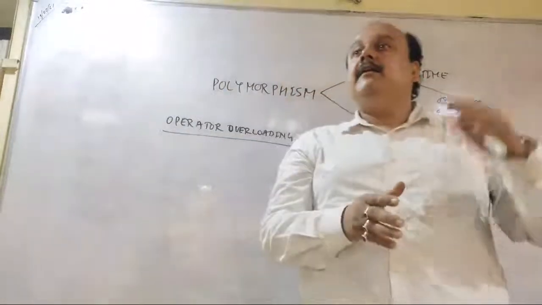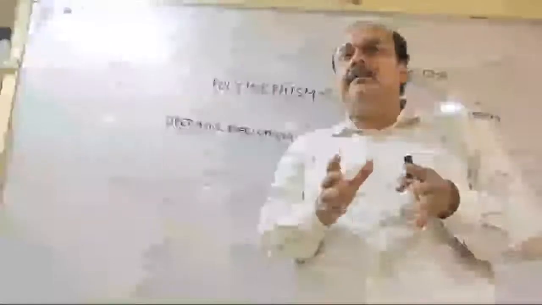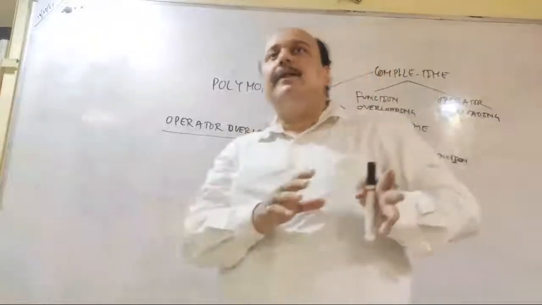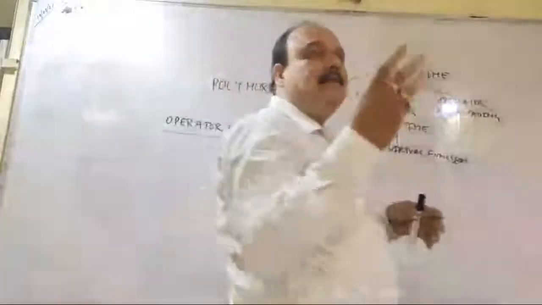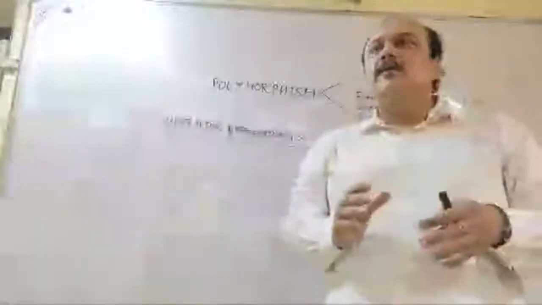Is there any function available with that sort of parameter? If you are passing three parameters, the compiler checks whether a three-parameter function is declared and defined in the main program or not.